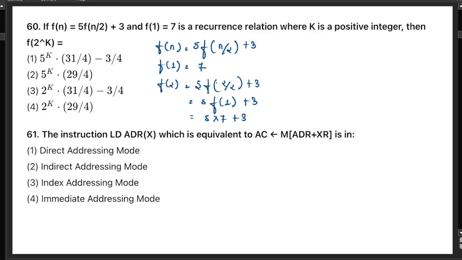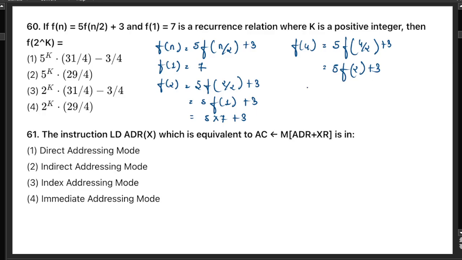So if we substitute n value as 4, f(4) equals 5 f(4/2) plus 3, and this is 5 f(2) plus 3. So we got f(2) value plus 3.